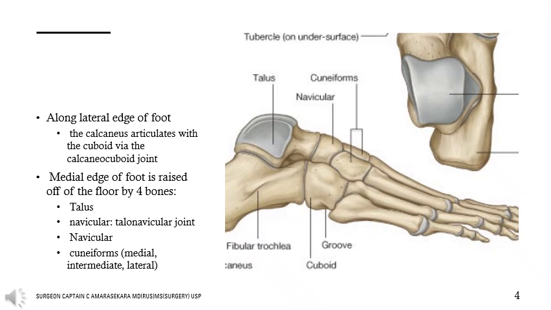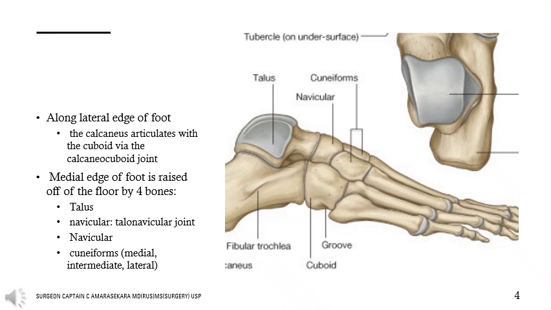Now we'll go to the medial edge. It's an elevated arch structure. The medial edge of the foot is raised off the floor by four bones. What are they? The talus, navicular, and three cuneiforms.